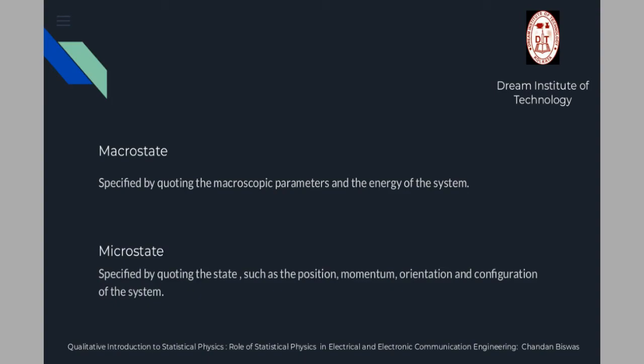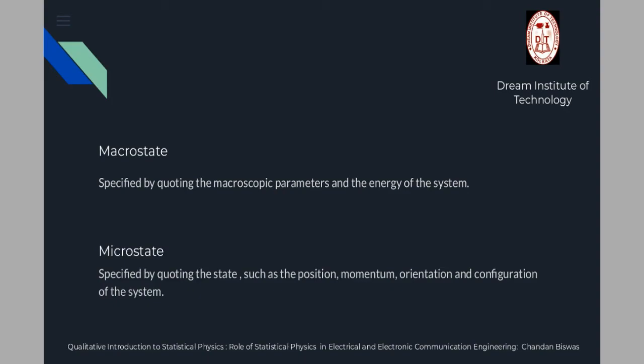Now we will talk about microstates and macrostates. The macroscopic state or the macrostate of a system can be specified by quoting the macroscopic parameters and the energy of the system.